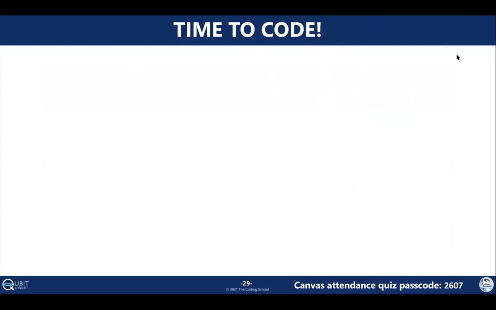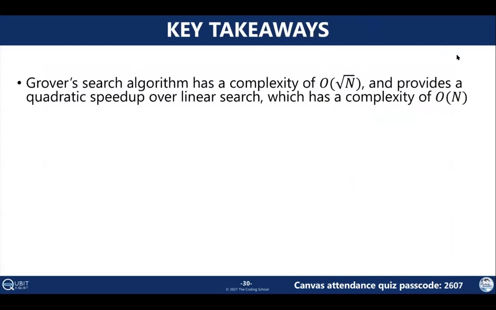But while you guys think, I will try to move through the key takeaways for the sake of time. We didn't demonstrate this, but it is demonstrated a little bit more in the extra content in the notebook that was sent out on Canvas. Grover's search algorithm, you can show, has a complexity of O of square root n.